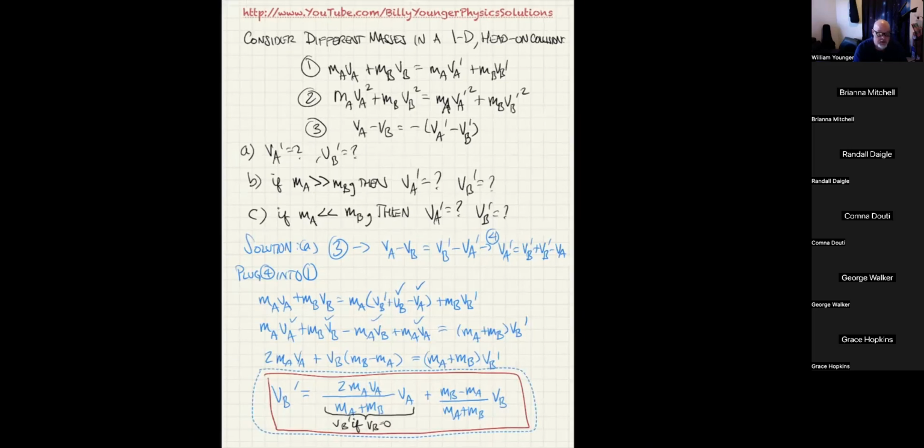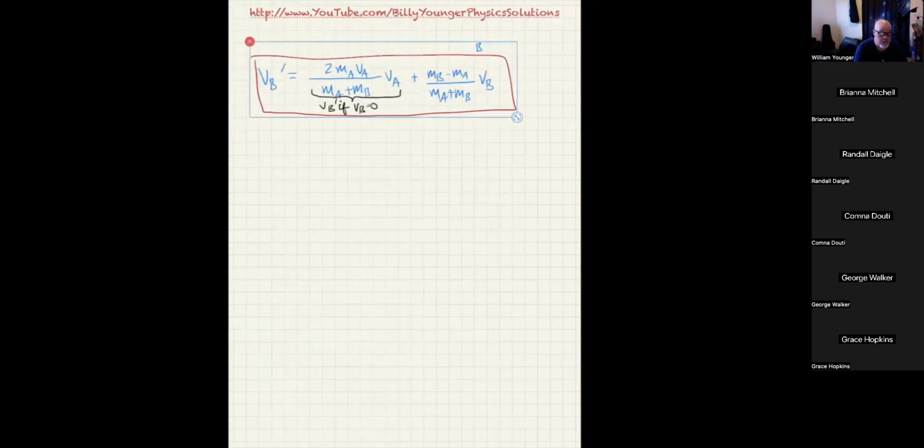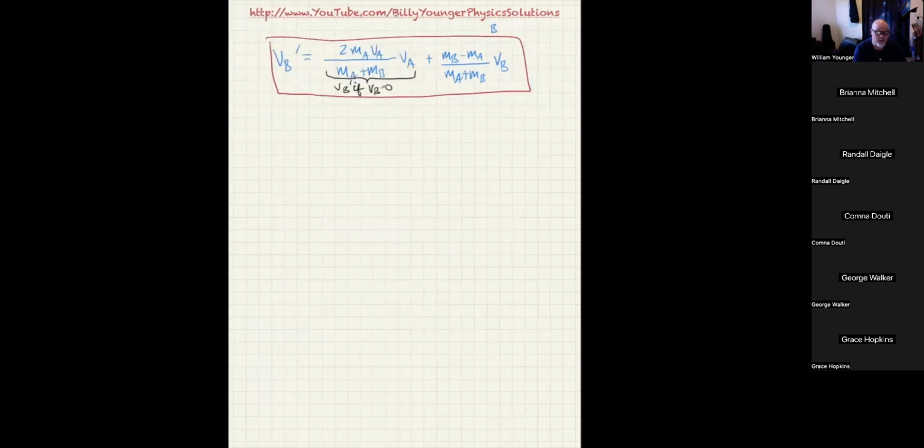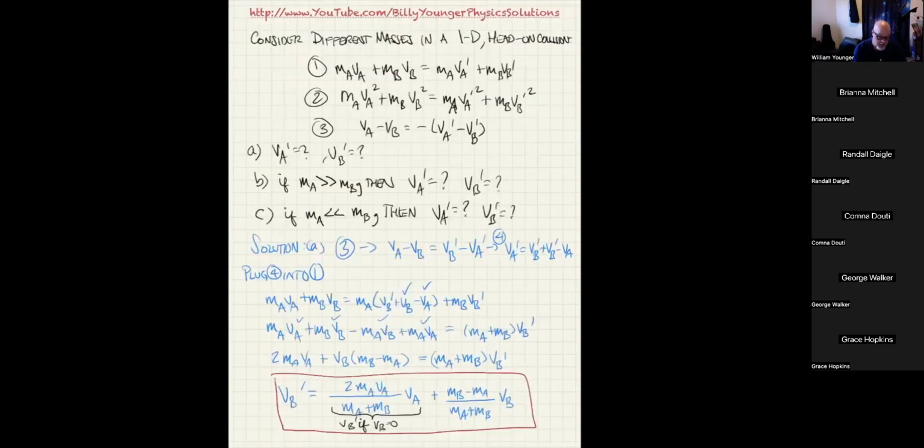Copy. Flip over to here. Paste. Okay, so now I have that equation over here, so I don't have to recopy it, and evidently I picked up an extra B somewhere. Now, I also used VA prime from here.